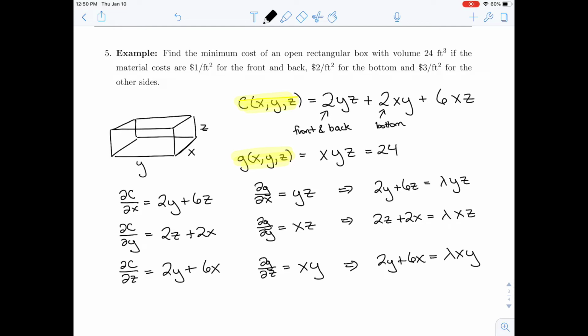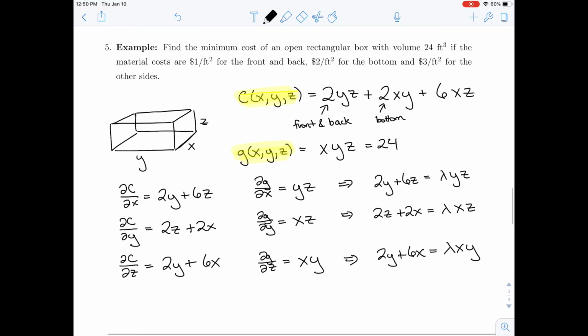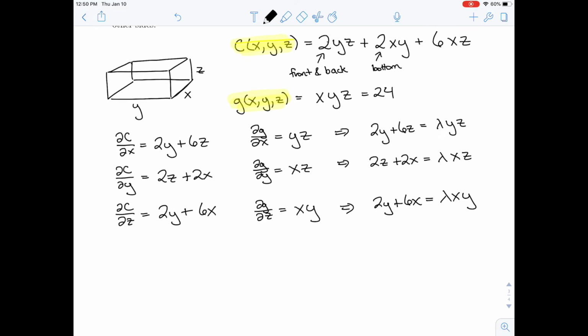Now to solve these problems, we're still going to use the same process that we used before. So my suggestion is always to solve for lambda, to come up with three equations here. The first one, if we solve for lambda, is that 2y plus 6z over yz equals lambda.